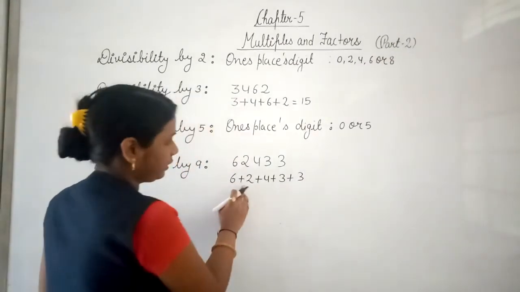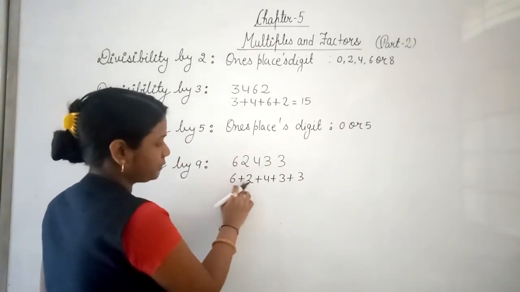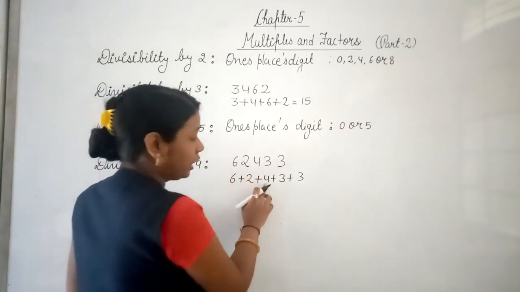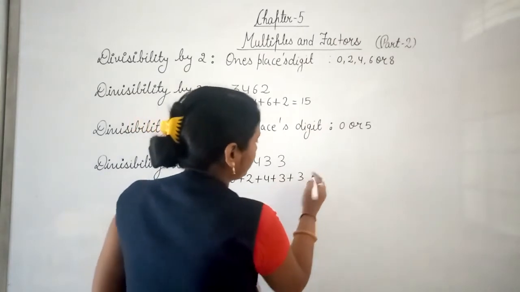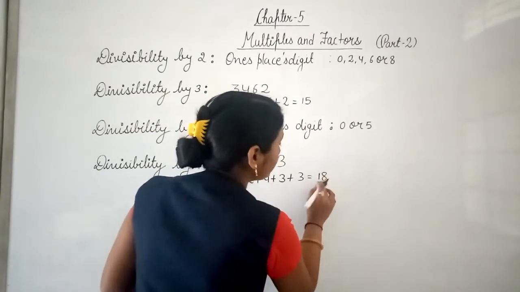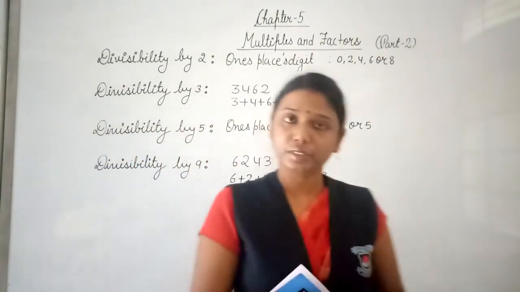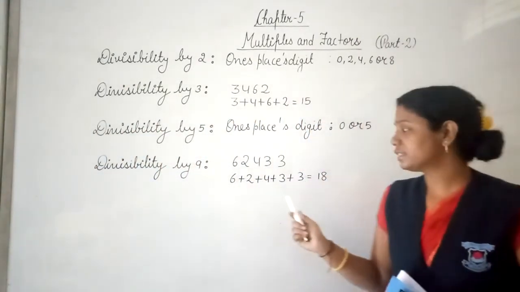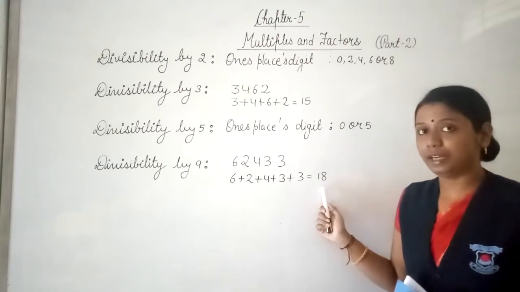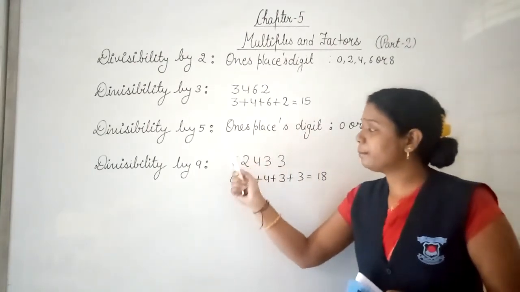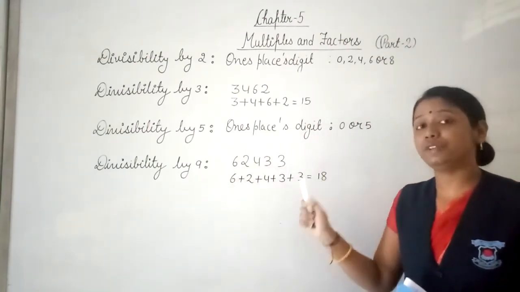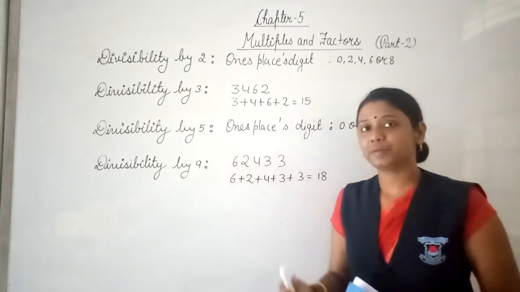So if I add, the sum is 6 plus 2 is 8, 12, 15, plus 3, 18. Now see the sum, 18. 18 is a multiple of 9, isn't it? So this 18 is divisible by 9. It means this number is also divisible by 9.